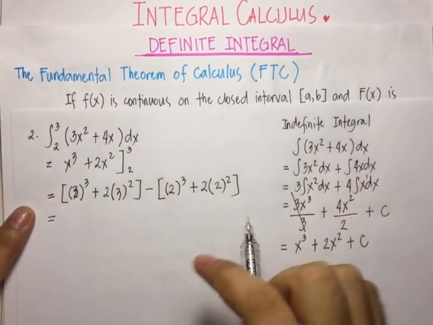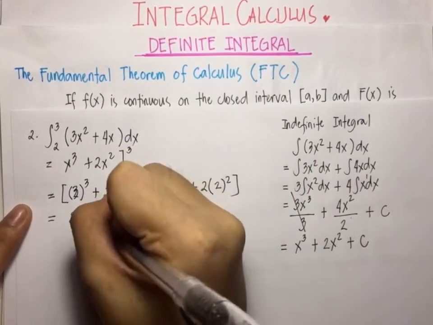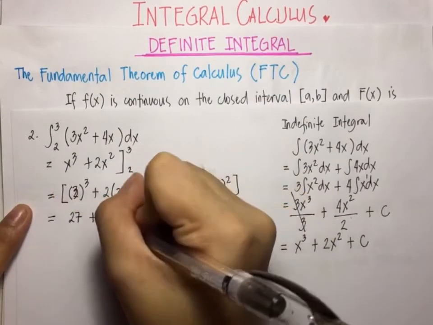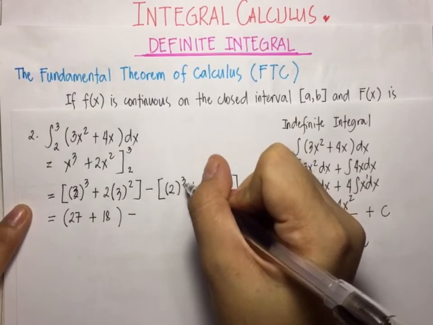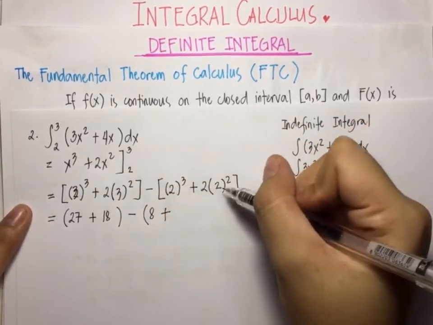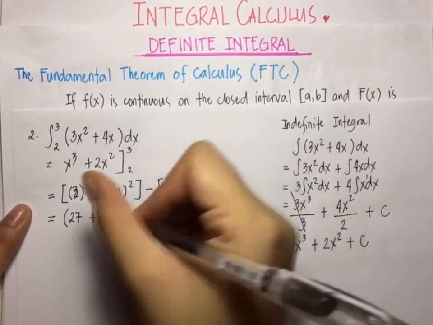Then simplify. 3 raised to 3 is 27 plus 3 raised to 2 is 9 times 2, 18, minus 2 raised to 3 is 8 plus 2 raised to 2 is 4 times 2 is 8.